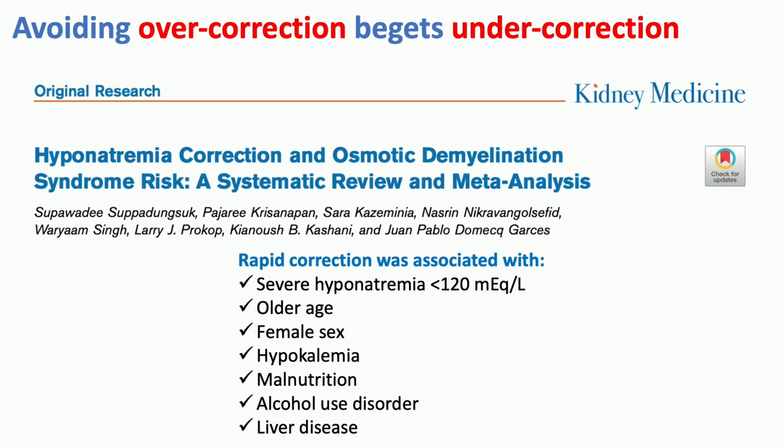But generally, especially with the incidence of ODS being very, very low, I think it might not be a good idea to keep your patient hyponatremic longer than necessary, and that could be associated with worse outcomes, especially in the short term, as we saw in this study. So just something to think about. If more data come supporting this, I believe the guidelines might change down the road.